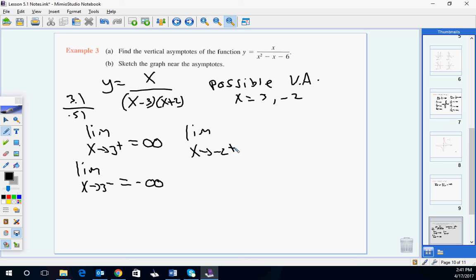If I put negative 1.9, it'd be negative 1.9 over negative 4.9 times 0.1. So this is going to make that smaller. Negative over negative is positive, so this is another positive infinity. And then conversely, from the left will be negative infinity for the opposite reason, because we'll get this as negative.